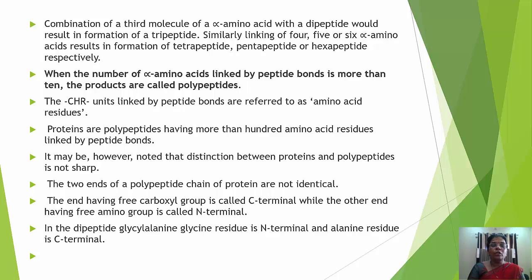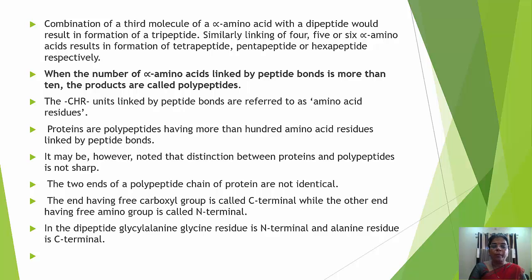In this way, formation of polypeptides takes place. The CHR units linked by peptide bond are referred to as amino acid residues. Proteins are polypeptides having more than 100 amino acid residues linked by peptide bonds. It may be, however, noted that distinction between proteins and polypeptides is not sharp. That is, proteins and polypeptides are nearly similar.